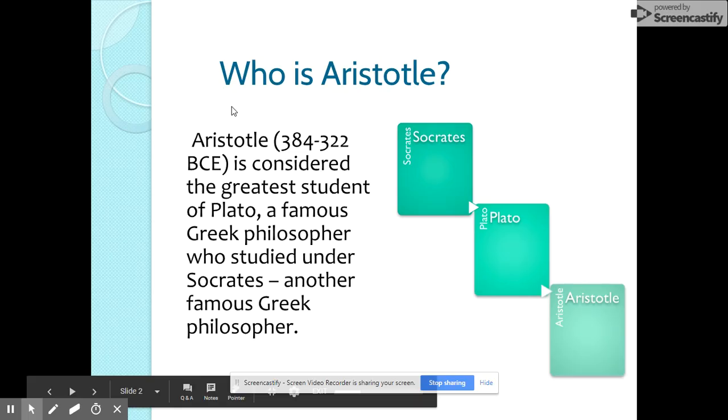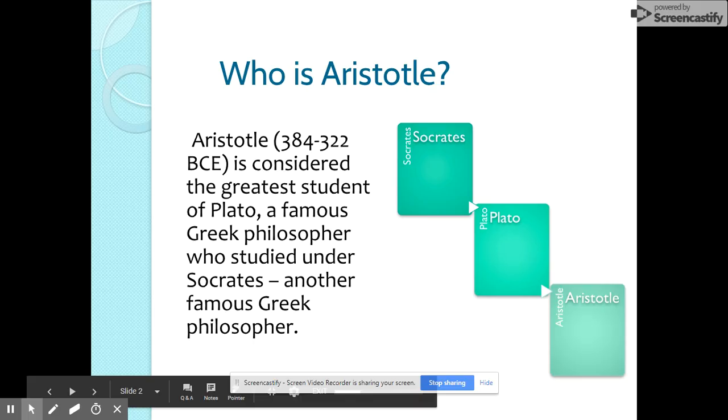Before we get into rhetoric, we want to get some background information on where this rhetorical analysis comes from. Aristotle is considered one of the greatest Greek philosophers of his time. He was a student of Plato. Plato was in turn a student of Socrates. So Socrates taught Plato, and then Plato taught Aristotle.